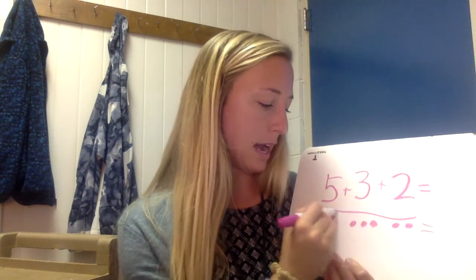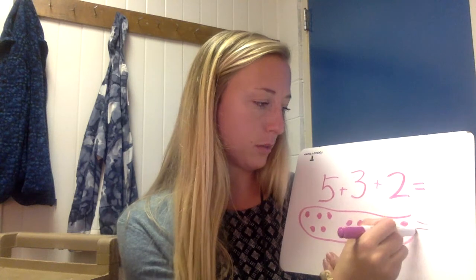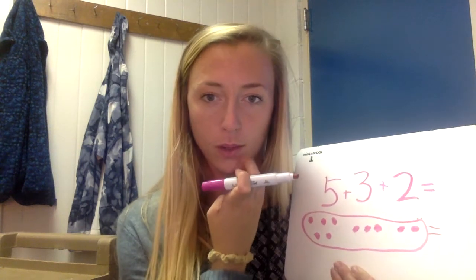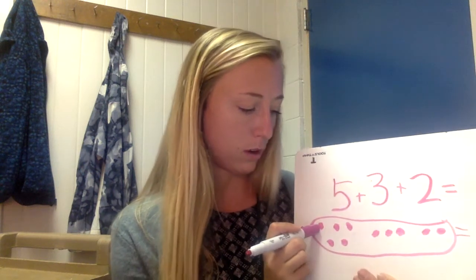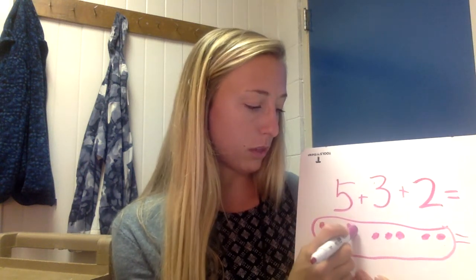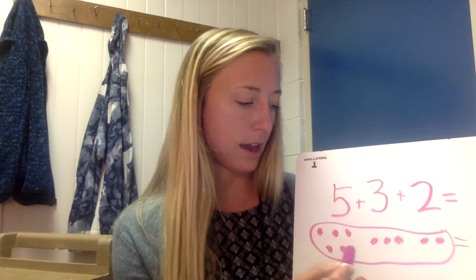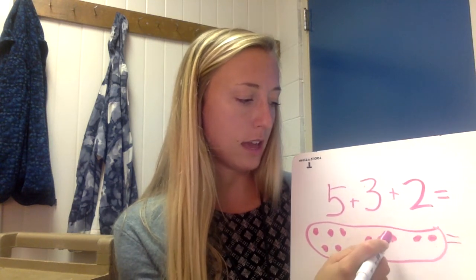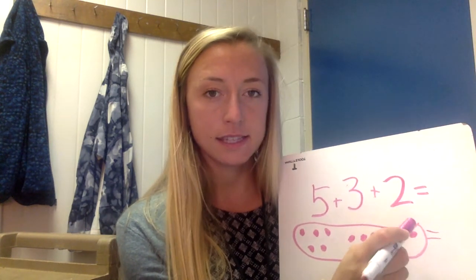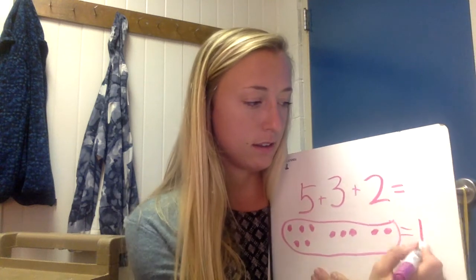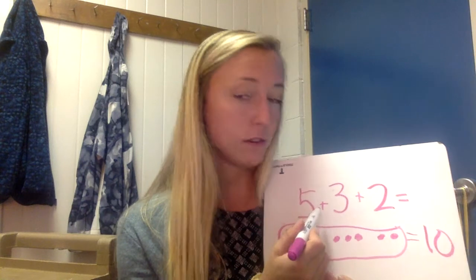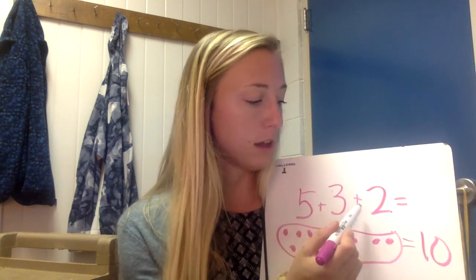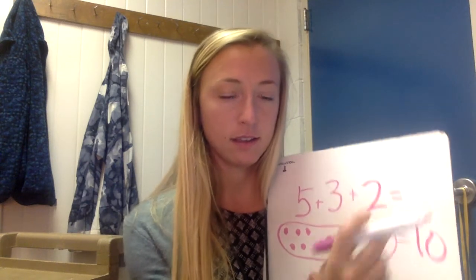Now we have to add all of these together, so we need to count them all up. Let's count together. 1, 2, 3, 4, 5, 6, 7, 8, 9, 10. So we would say 5 plus 3 plus 2 equals 10.